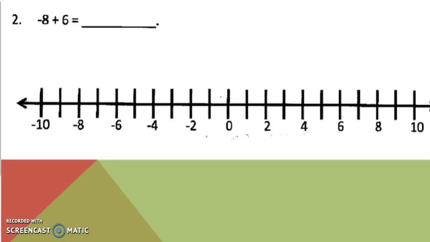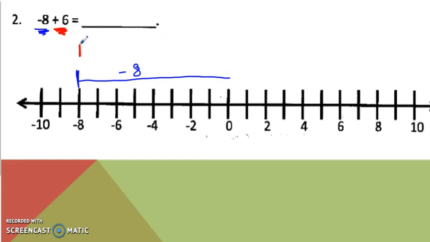Example number 2 on the number line, we are going to start at -8. So I'm going to go from 0 and draw a line down to -8 to show that we are going 8 spaces to the left, since it's negative. From there, we want to go positive 6. Positive is to the right.